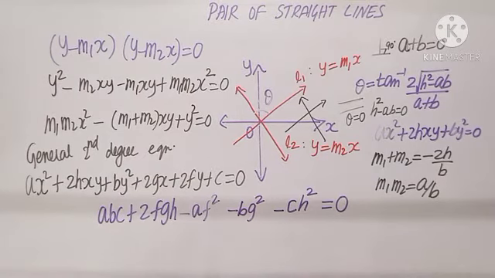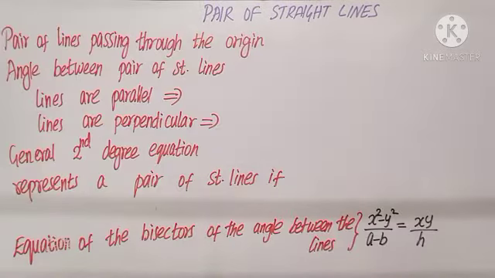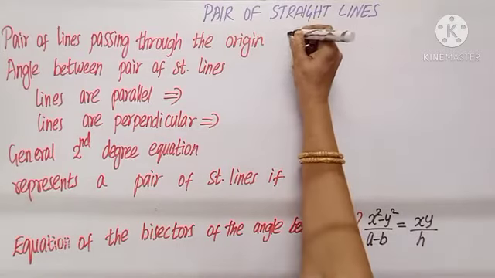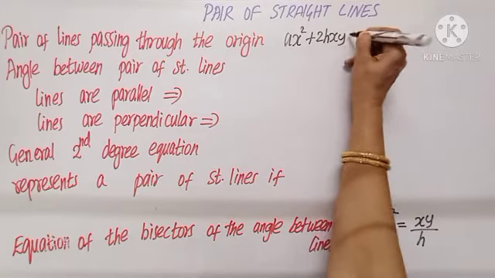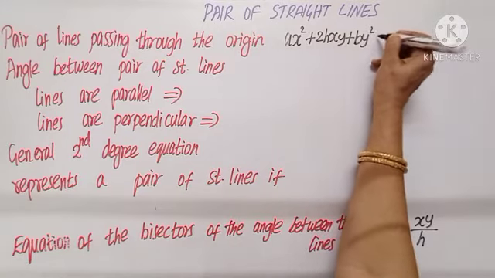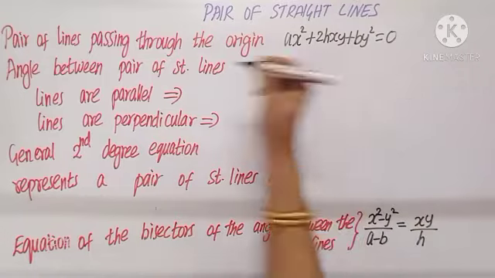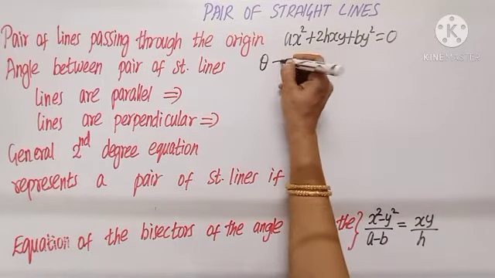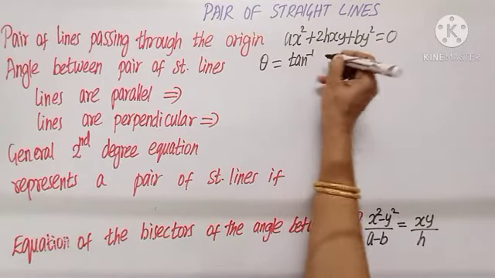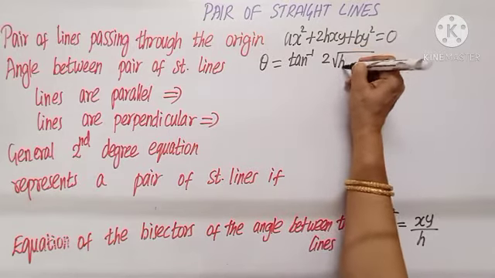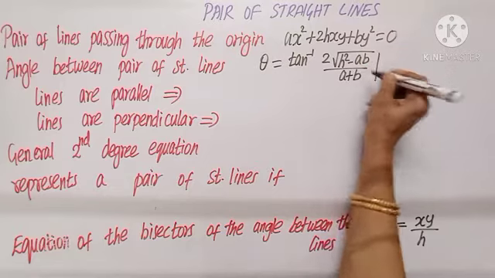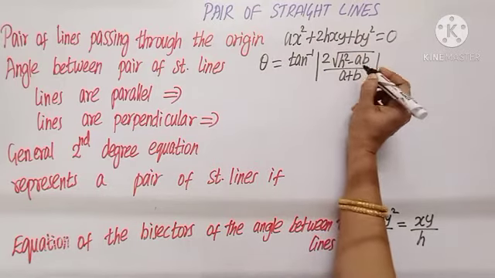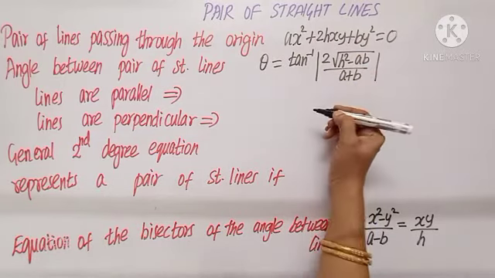So, let us list out all the formula. Pair of lines passing through the origin: ax square plus 2hxy plus by square equals to 0. Angle between the pair of lines theta equals tan inverse 2 root of h square minus ab by a plus b. Put the modulus, we treat only the acute angle between the lines.